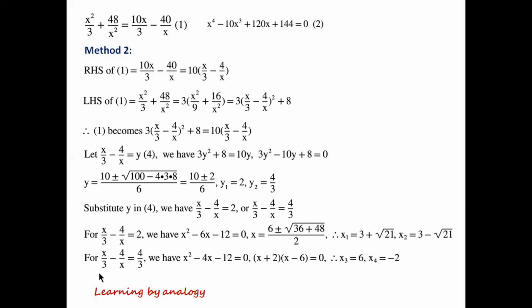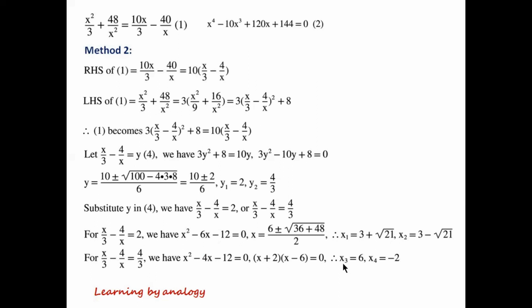For x over 3 minus 4 over x equals 4 over 3, we have x squared minus 4x minus 12 equals 0. x plus 2 times x minus 6 equals 0.